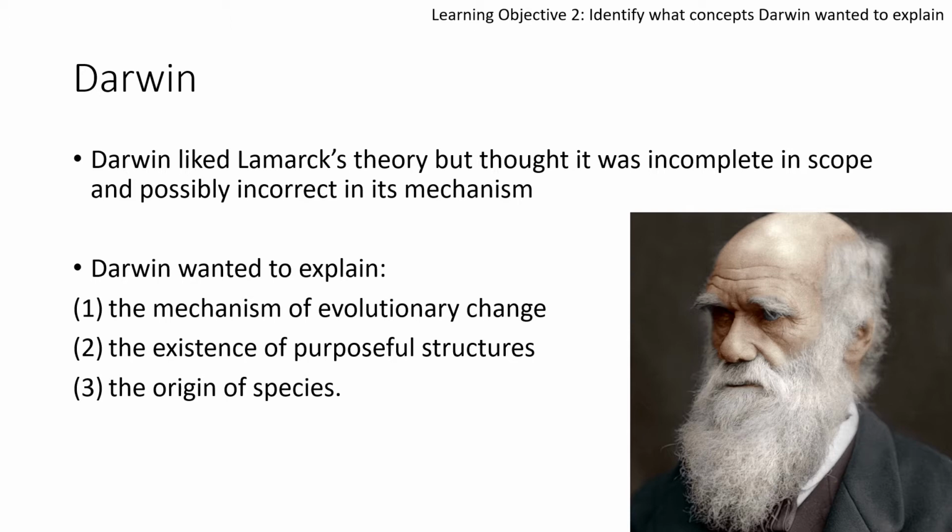Also at the time, you had a very big division in class structure. People from certain classes were not expected to interact with people from other classes. It's something we look back on now and frown on, but it was common at the time. So there was a ship's captain who was basically tasked with charting the coast of South America.